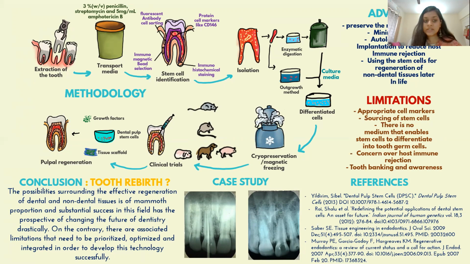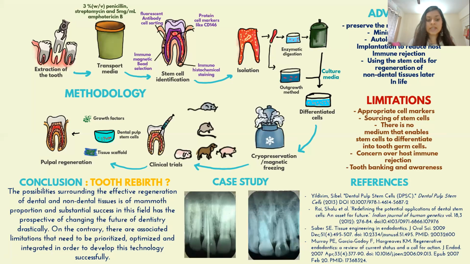Now, once the stem cells are identified, the pulp is isolated, it is cut into small sections, and then it undergoes two processes, enzymatic digestion or outgrowth methods. After undergoing these two methods, the pulp cells are then put in culture media, and specific culture media give rise to specific differentiated cells, after which they are cryopreserved and they undergo magnetic freezing.